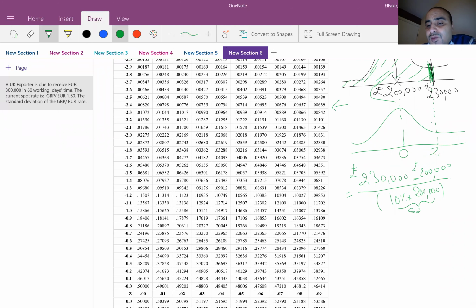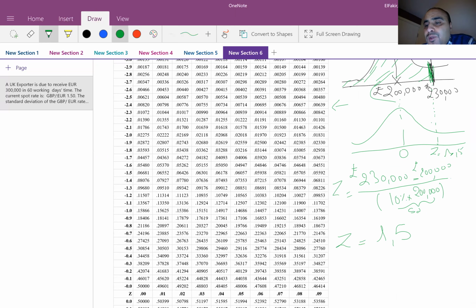So using that, we can actually calculate the Z score, okay? We should be able to find a Z score then of 1.5, okay? So this is our Z score.